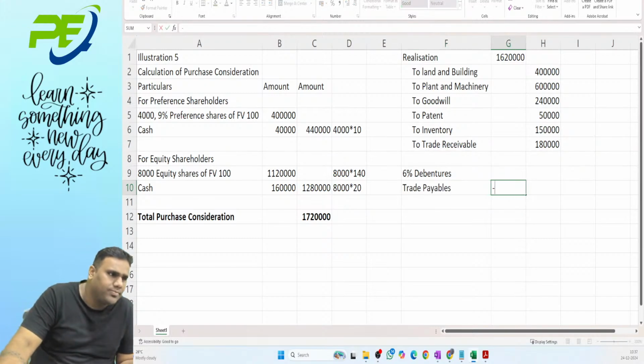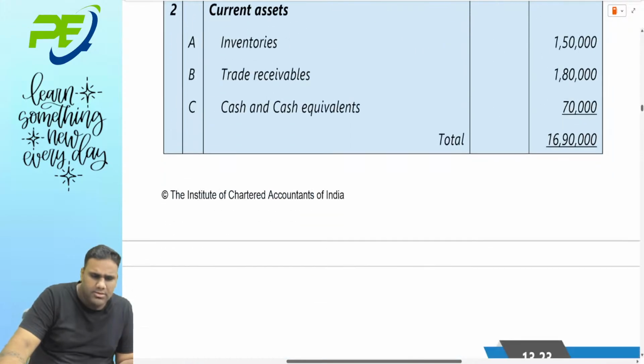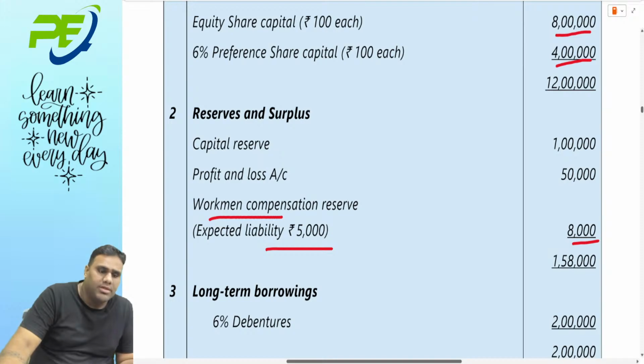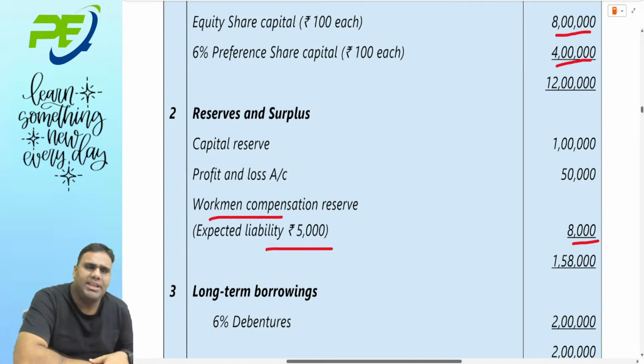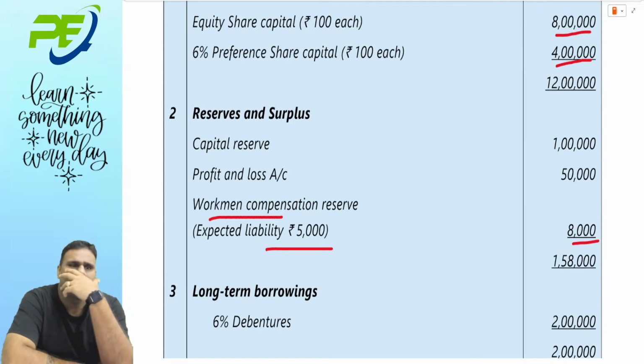So then WCRY. But this is a reserve. We transfer only liabilities. Expected liability is a contingent liability. But then the expected liability is 5,000. So you want me to recognize 5,000?